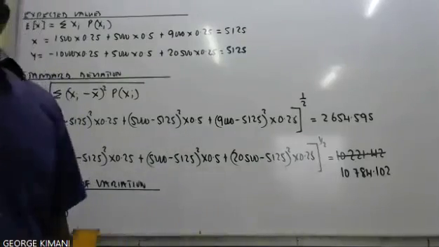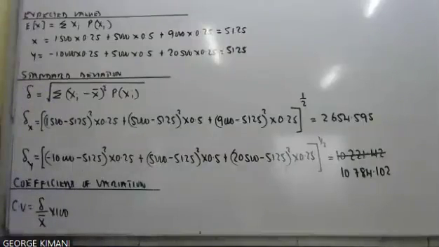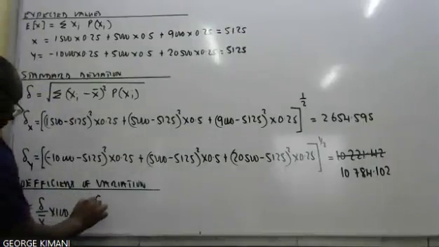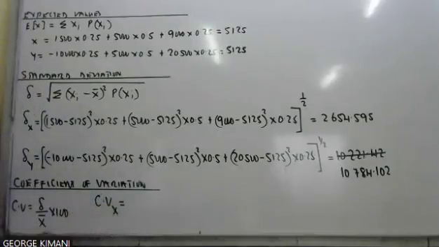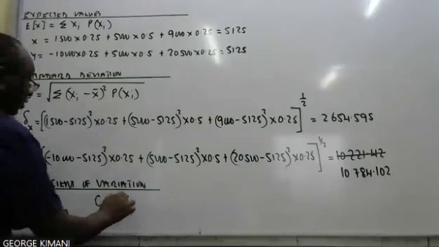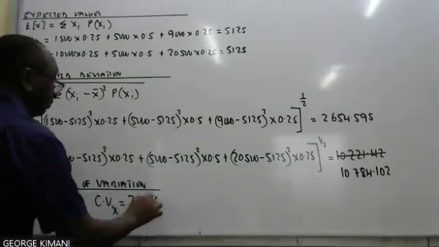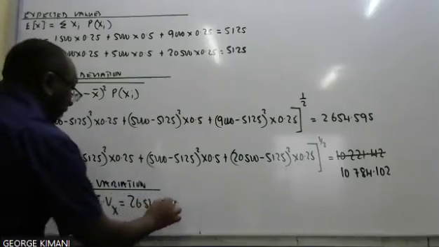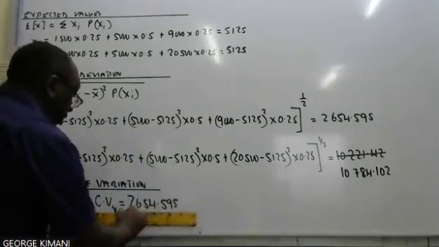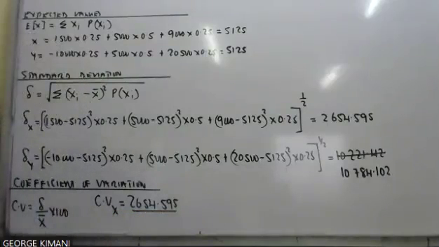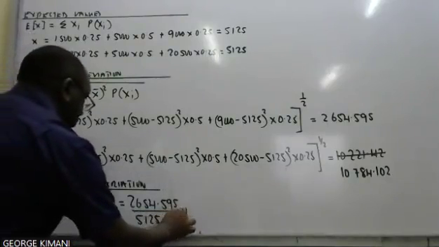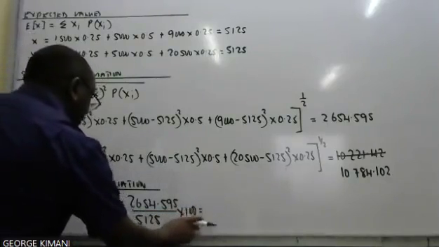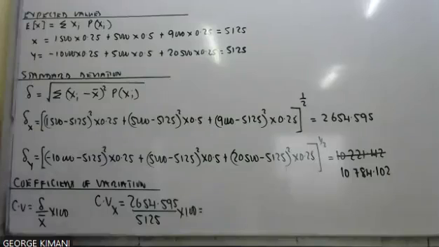So the CV for X will be the standard deviation, 2654.595, divided by the mean, 5125. Then you multiply by 100.